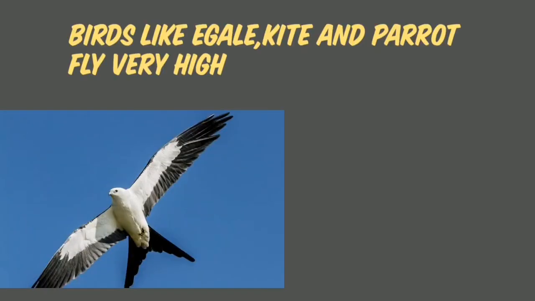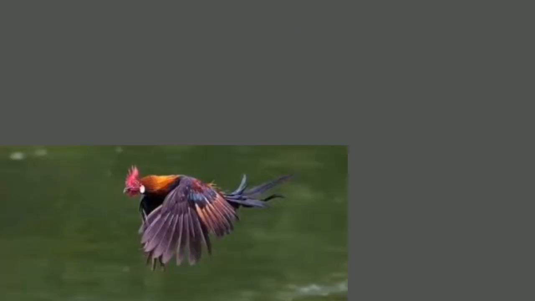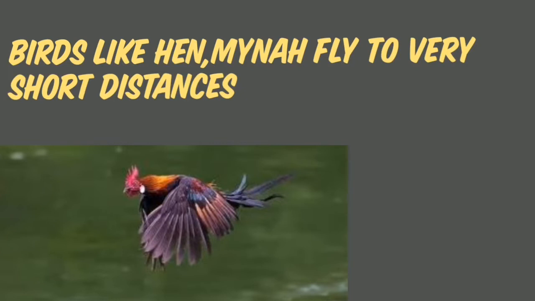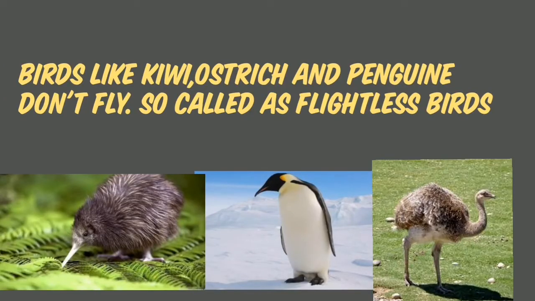If we take the example of a kite and parrot, they will move very long distances. And hen and myna, they will move only very short distances. And birds like kiwi, penguin and ostrich, they don't fly at all. They have wings but they don't fly.